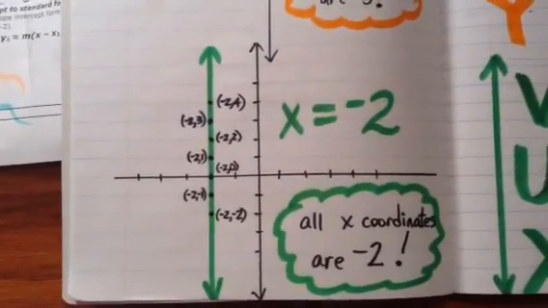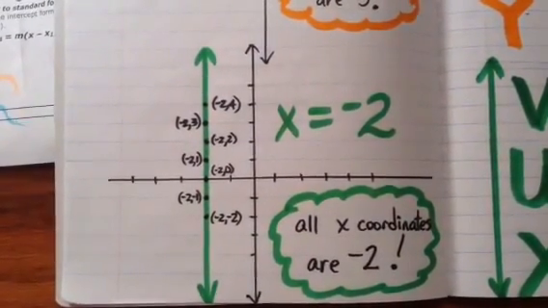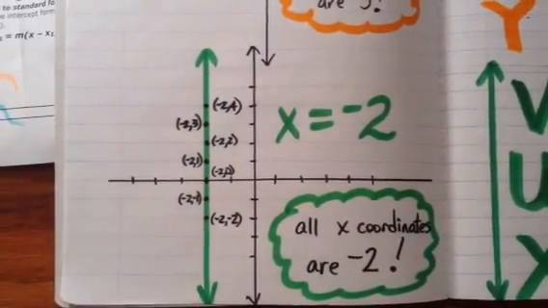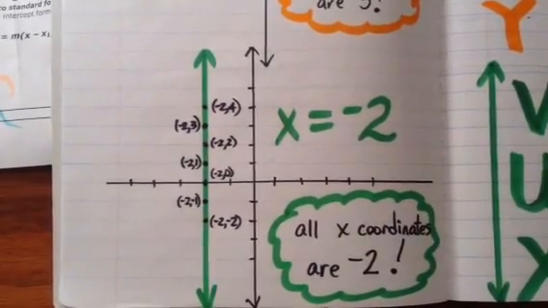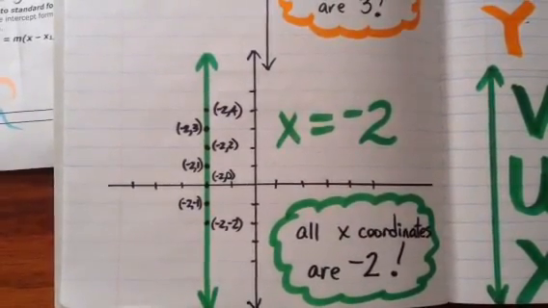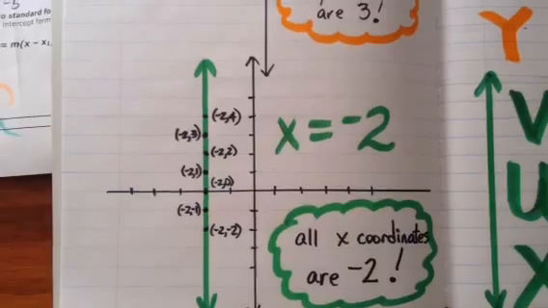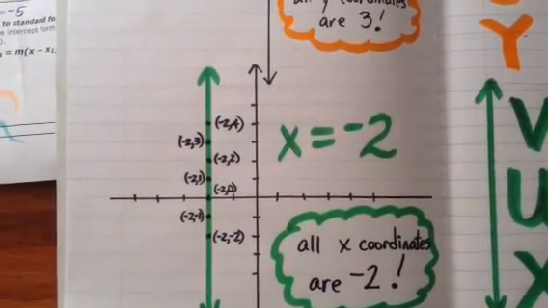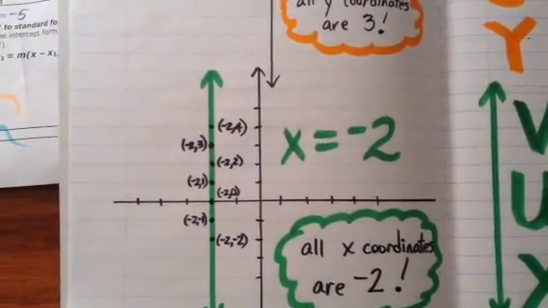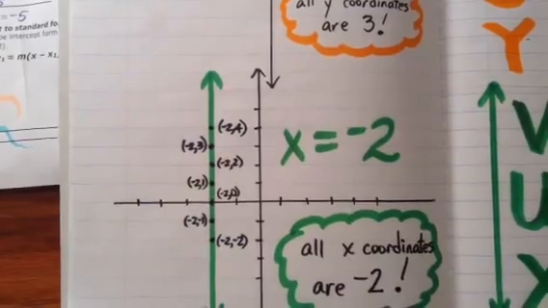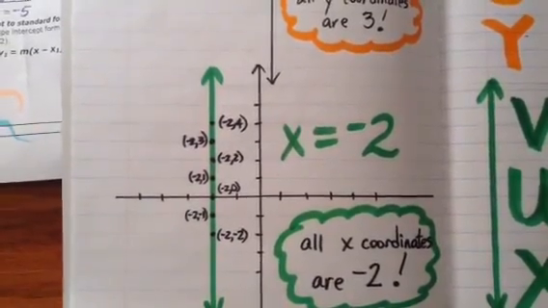So if you take a look at my example right here, x equals -2. What do you notice about all the coordinates? The x coordinates, they are all -2. So the equation, if you just listen to it, will tell you, hey, x equals -2.